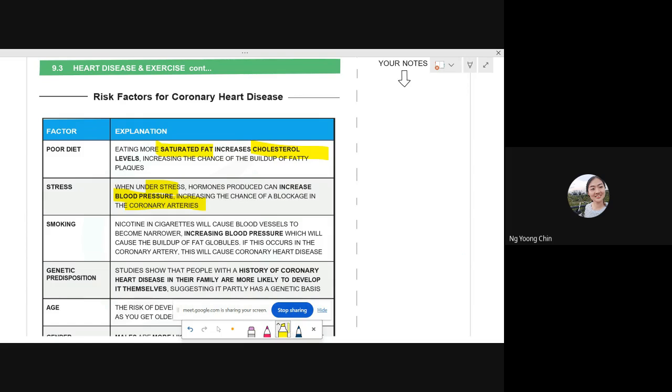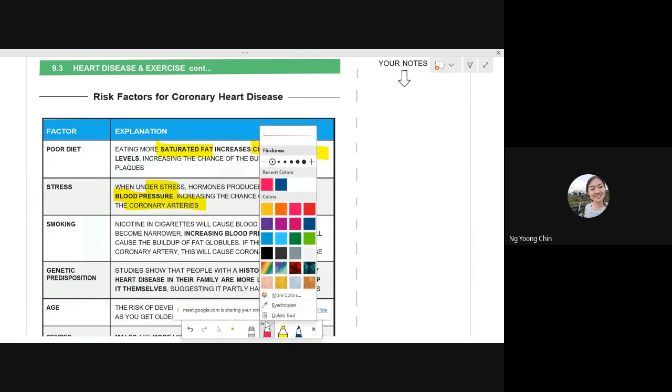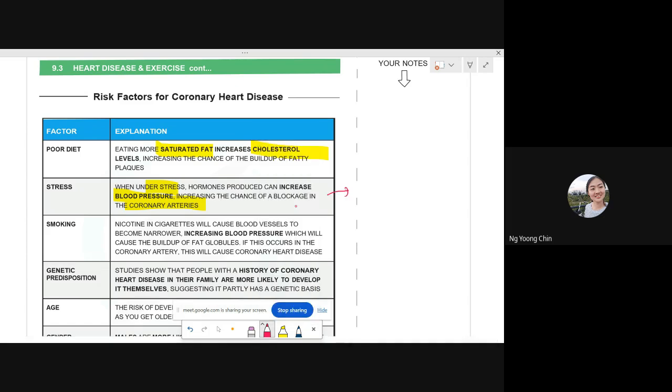Actually, high blood pressure, do you know the medical term for it? The term is known as hypertension. In our blood pressure, it is always maintained like this.